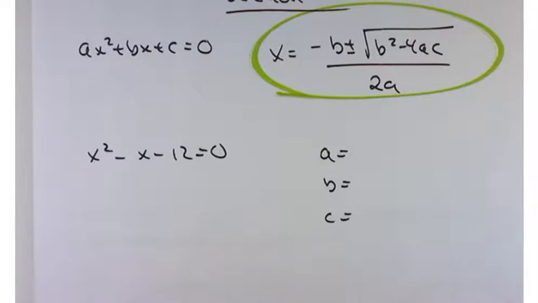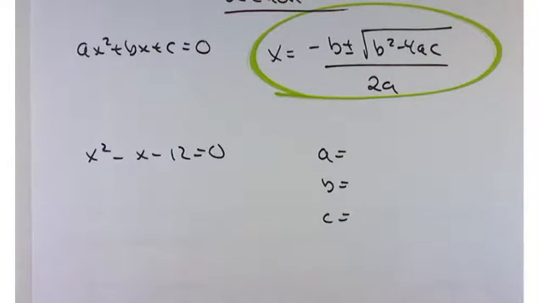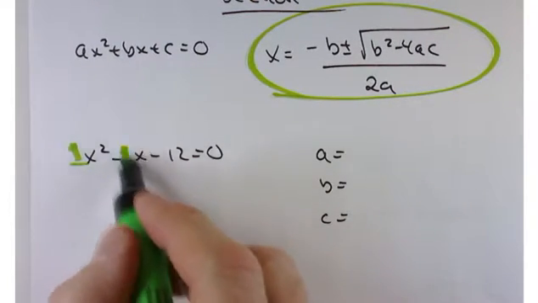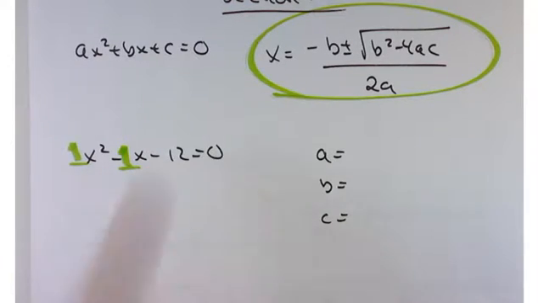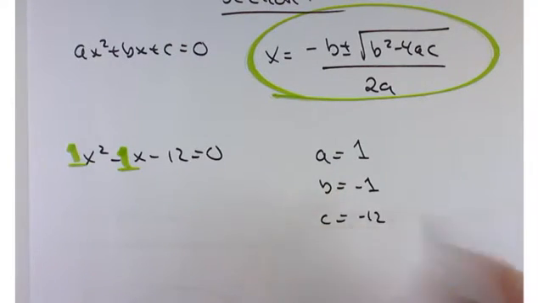You're not going to be plugging in the values of x or y or anything like that. They're just the number parts here. Now some of these aren't really written, but they're understood. So we'll see if we can't figure them out. There's a 1 that's understood to be here, a negative 1 that's understood to be here, and c is negative 12. So 1, negative 1, and negative 12.